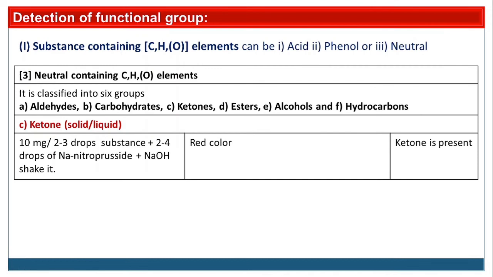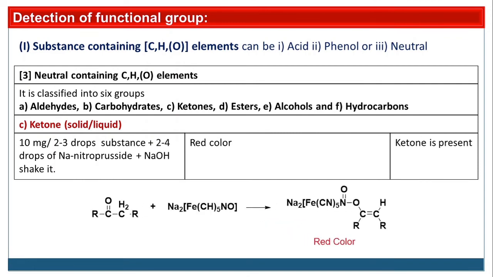Na2[Fe(CN)5NO]. So that is the sodium nitroprusside. See here, this is our ketone, Na2[Fe(CN)5NO], and this complex will be formed, that has a red color. If this red color does not appear, then you can say that ketone is absent.